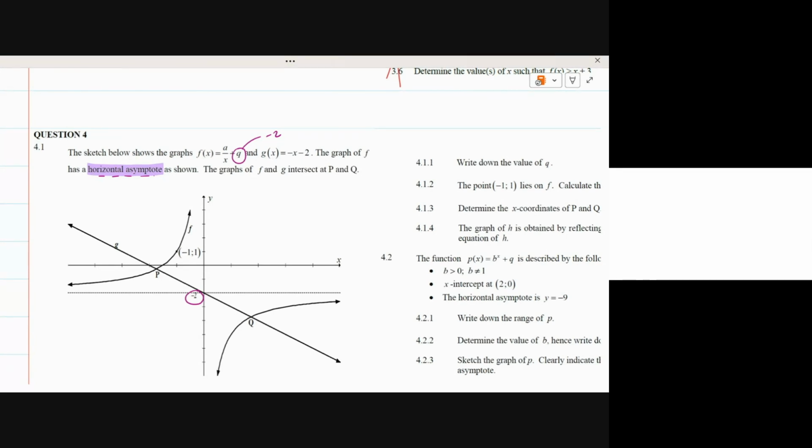Then they tell us that the graphs of f and g intersect at P and Q. I'm going to explain intersections in just a little bit. We're going to note that my hyperbola is drawn in quadrant 2 and quadrant 4. What does that tell me about my a value?